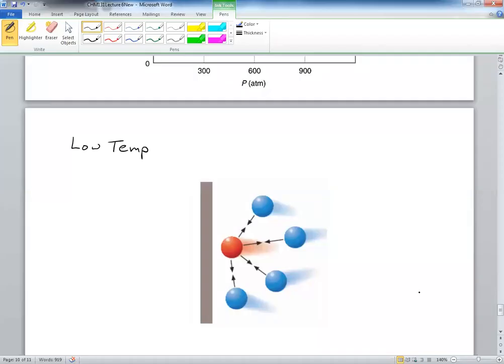Like right here. When it's low temperature, the red can be attracted to the blue, and they can barely strike the wall of the container. So it's going to have, again, an impact on the pressure. So less forcefully, this is the wall of the container.